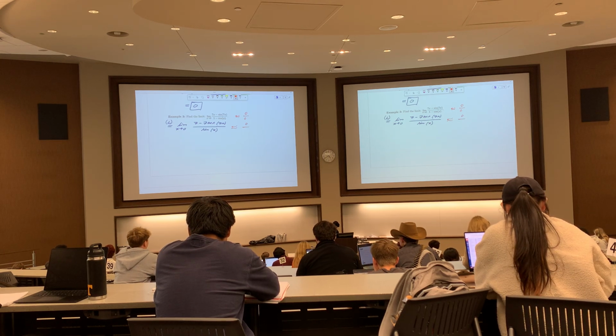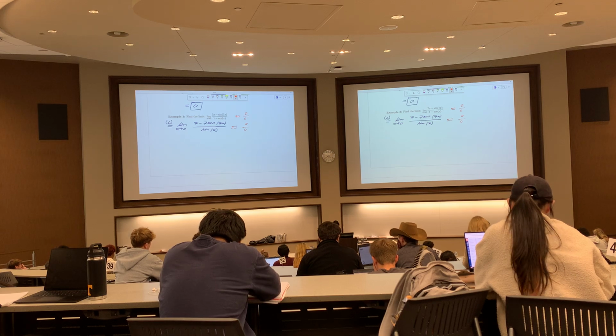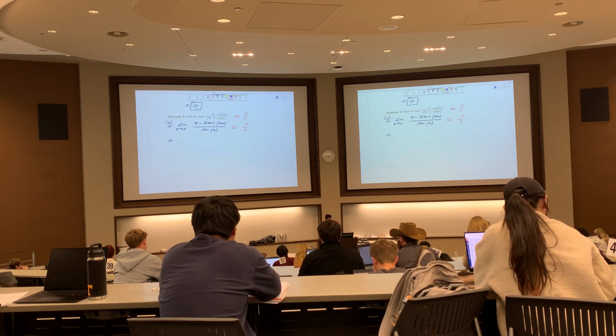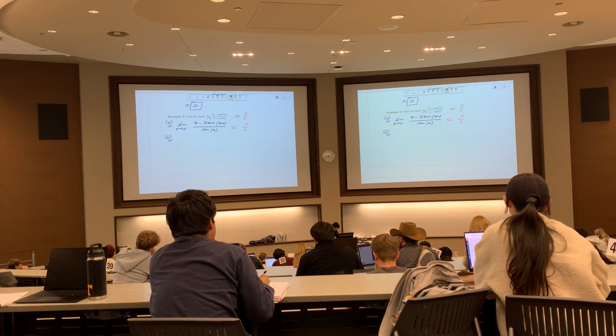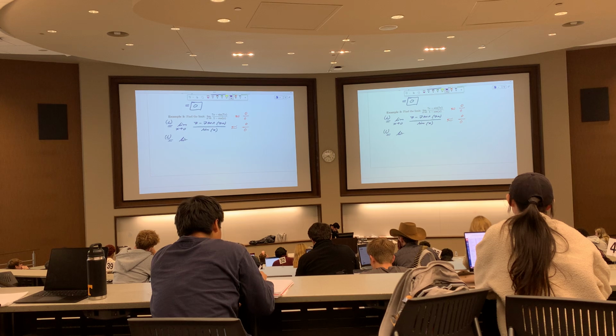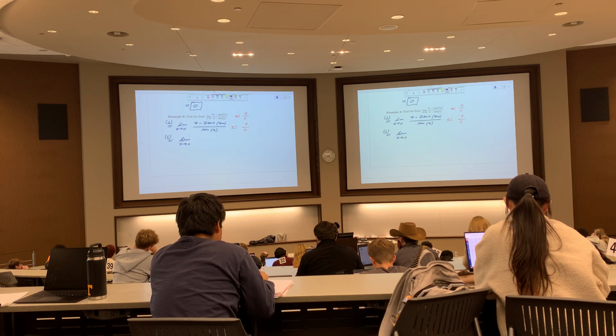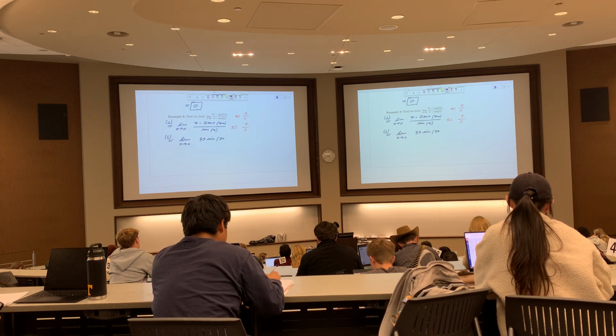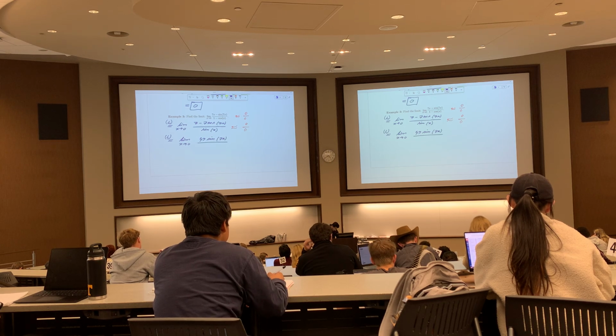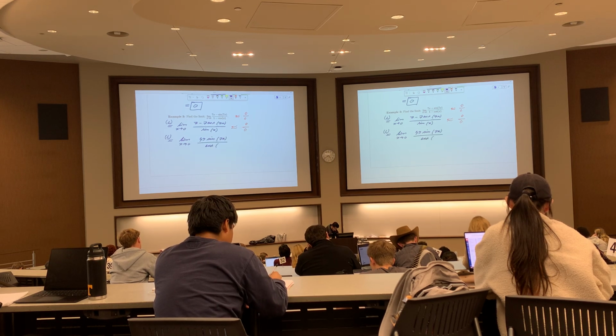So this is also giving me 0 over 0 form, which means I'm going to take the derivative of the top function and bottom function all over again. So I'll continue to write the limit as x approaches 0. And then if I take this derivative, we are going to get 49 sine of 7x over cosine of x.